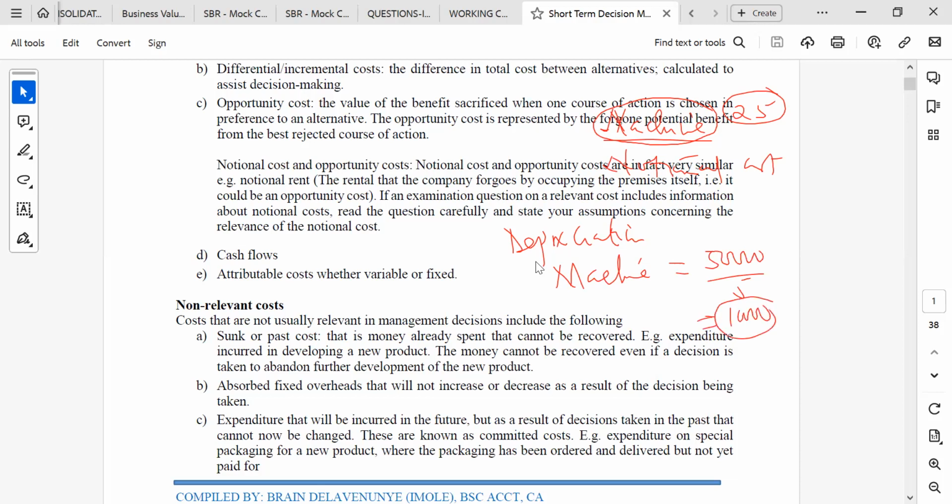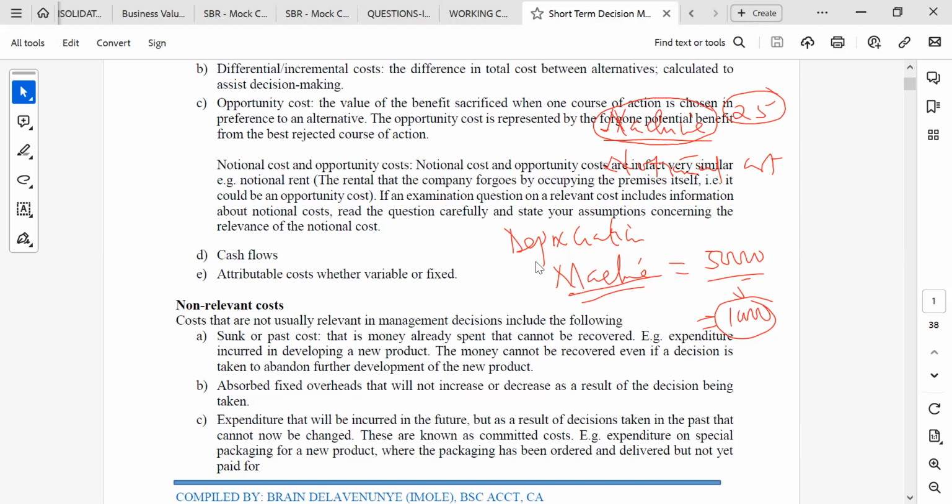The issue is, even if you don't use the machine it will still depreciate, because we don't wait until we start using it before depreciating. As soon as the machine is ready for use, you start depreciating it. If they say that the expiry date of tin tomatoes is 5 years, whether you sell it or not, and it is just in the store over there, after 5 years, it will be worthless. It will spoil. So if they say the machine is 5 years and it is ready for use, whether you use it or not, after 5 years, it will not do anything again.